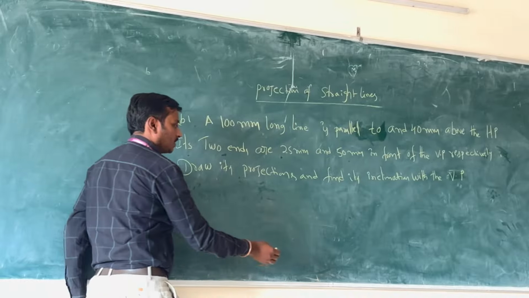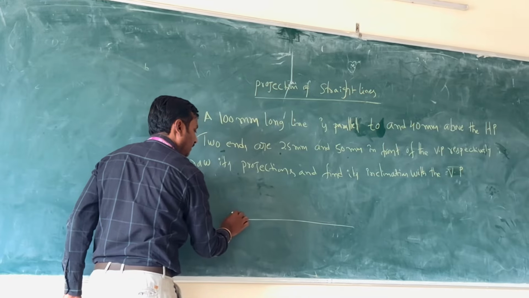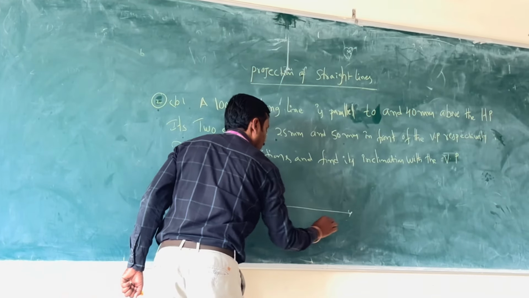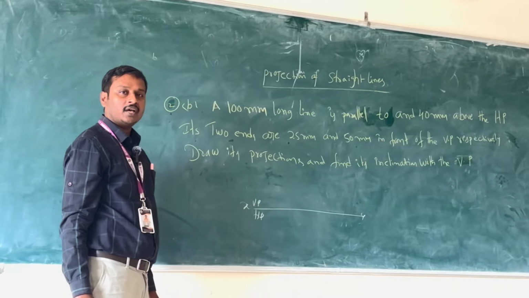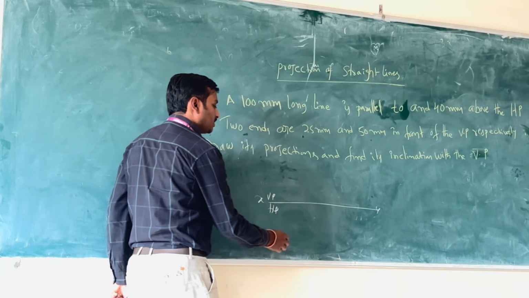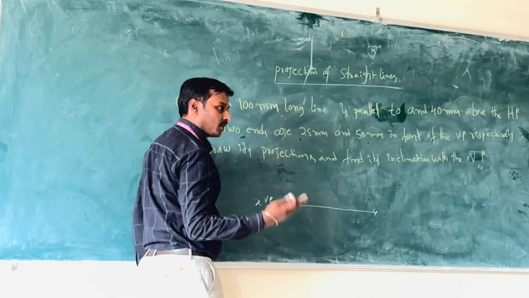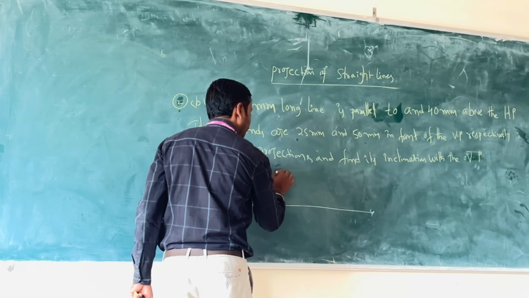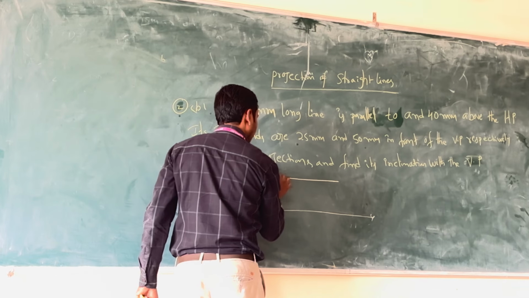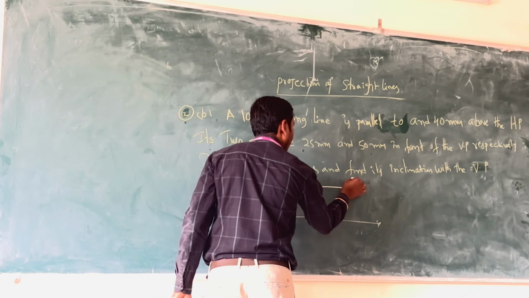Now see. First of all, draw the XY line, VP, HP. First, how much distance above the XY line, above HP? 40 mm. A dash, B dash.